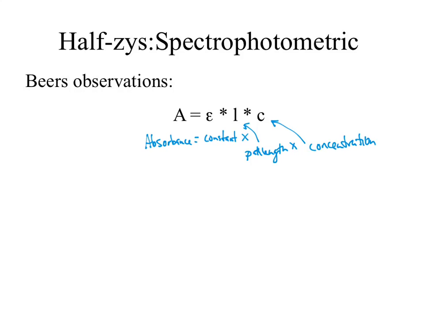So this is generating a 1-for-1 relationship between absorbance and concentration. Concentration, in theory, we should be able to determine. The path length, we could just look at whatever sample we're using. So if we have a sample that is longer, the light has to pass through more of that sample. We end up increasing the likelihood that it's going to hit and be absorbed by our individual molecules. So the path length does play a role in this.